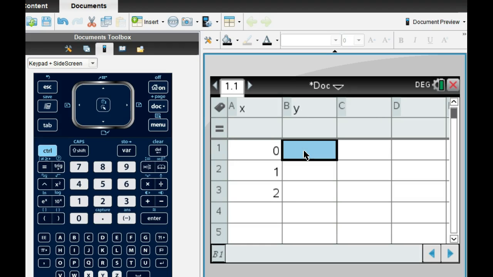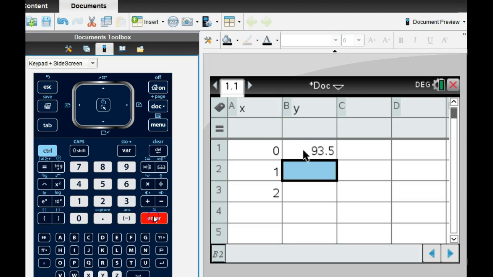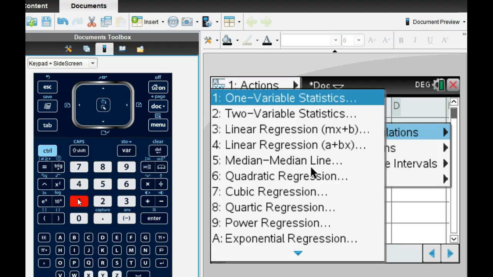And then we had 93.5, 23.375 originally. No, sorry. This one was 46.75 and then it's 23.375. Okay. So we hit menu 4-1 what?